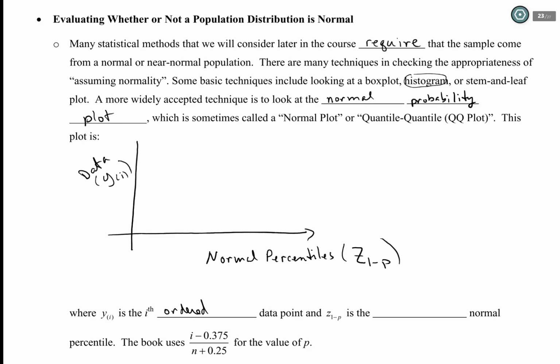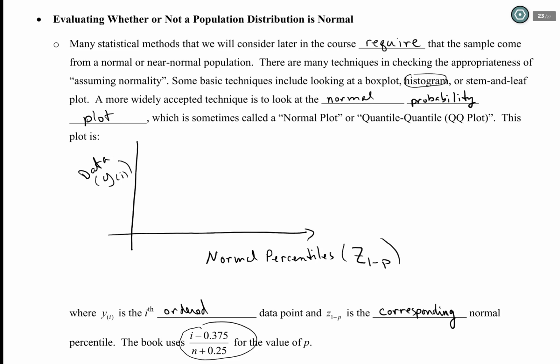Okay, so what you're doing is you're plotting the data point with its corresponding normal percentile. Now how do you figure out what the percentile would be under normality? The book uses this ratio here, (i minus 0.375) over (n plus 0.25).